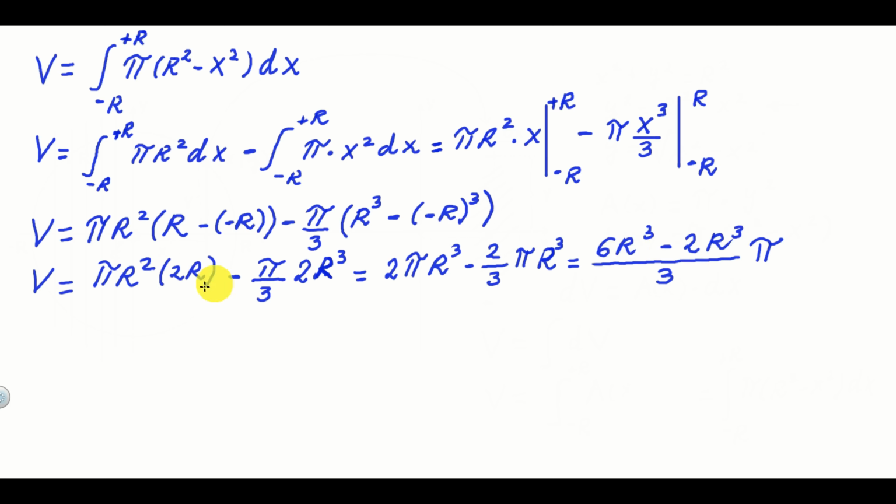And consequently, our volume becomes 6r to the power 3 minus 2r to the power 3, which is 4r to the power 3. Consequently, we have 4 over 3 r to the power 3 multiplying pi. And that's it. That's exactly the very well-known formula for the volume of the sphere.